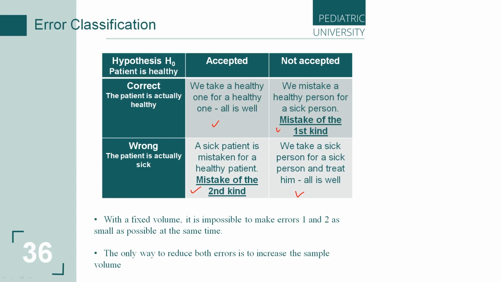But by doing so, we might miss a really sick patient. That is, we might mistake a sick person for a healthy person. Then we would have an error of the second kind, which is not very good.